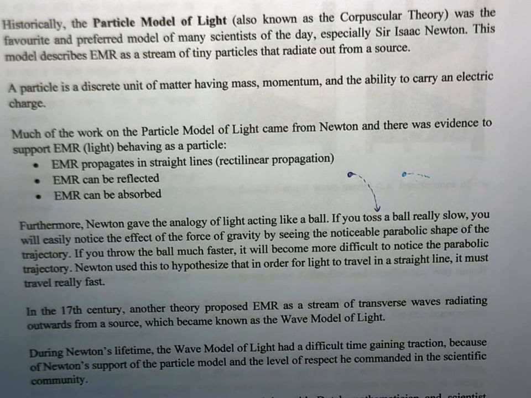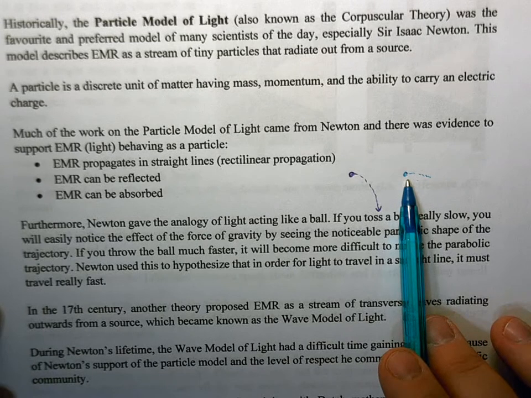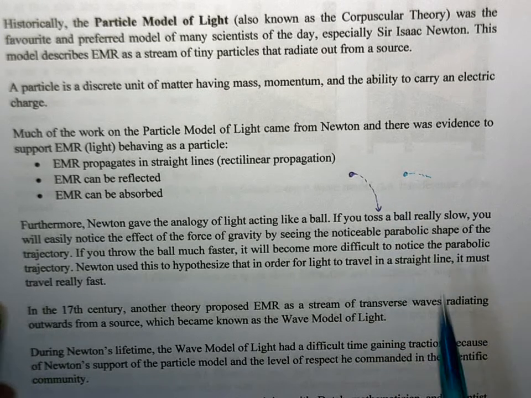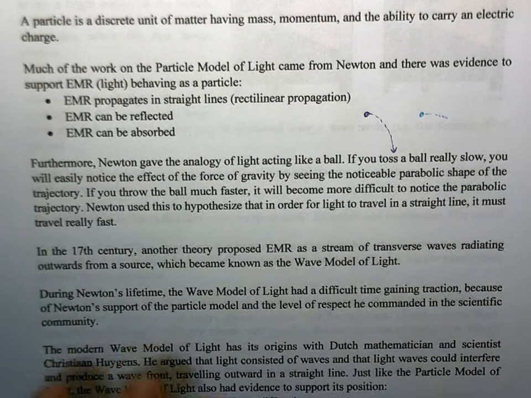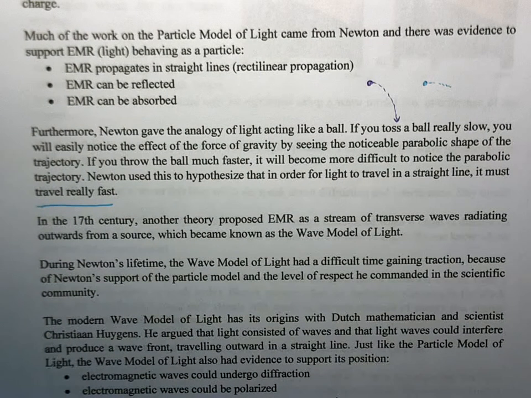Newton theorized that if light travels in a straight line and we don't notice any drop, then light has to be traveling really, really fast. So based on the particle model, Newton figured light had to be really fast. He didn't have a value for it, as those values came about later, but he was at least on the right track.